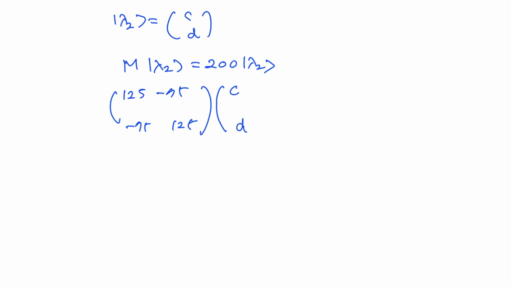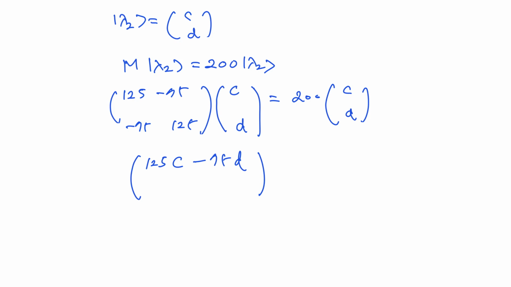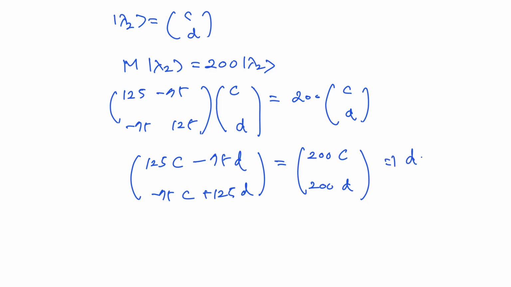C and D is 200 C and 200 D, or 125 C minus 75 D, minus 75 C plus 125 D is same as 200 C, 200 D. So that means D is equal to minus C, right?